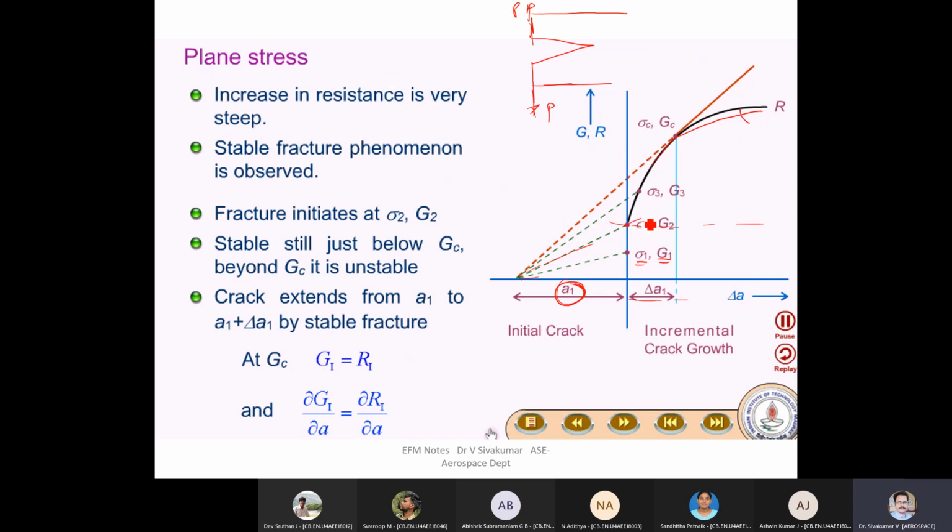Plane strain goes like this, whereas in plane stress my R is like this. If I increase, you can see the increase in resistance is very steep in plane stress.